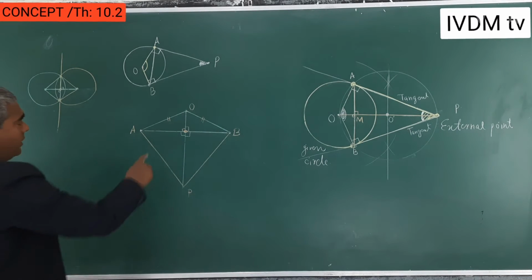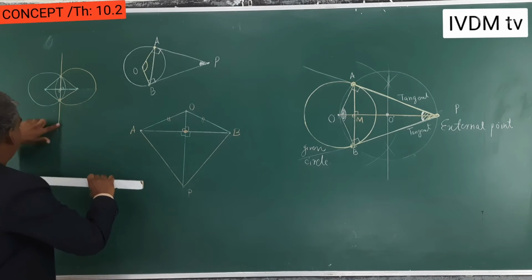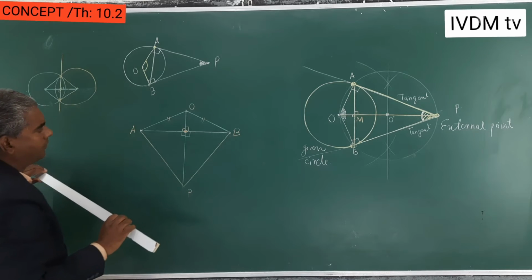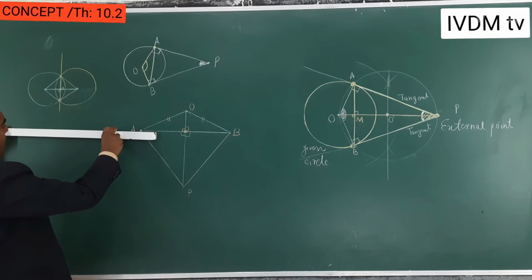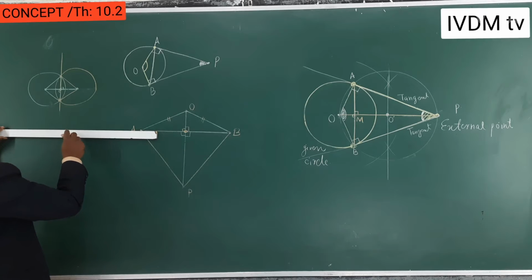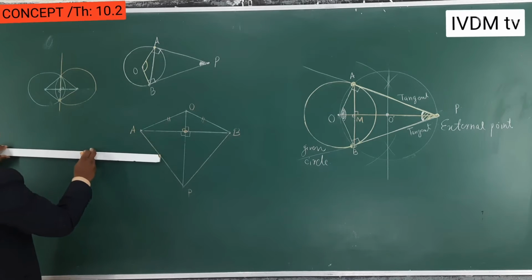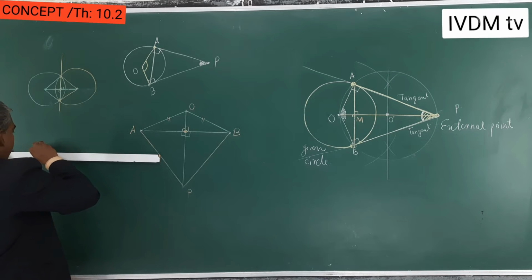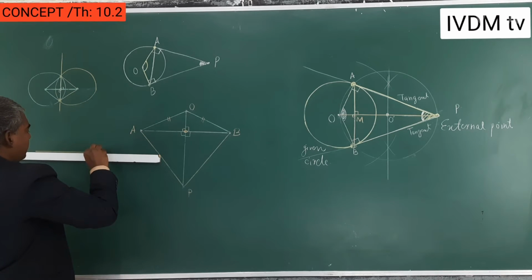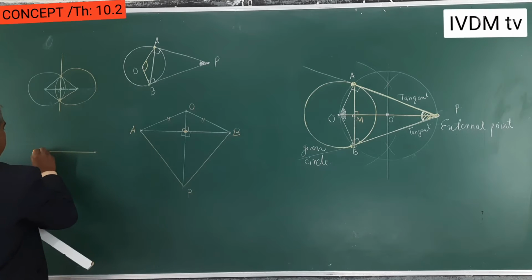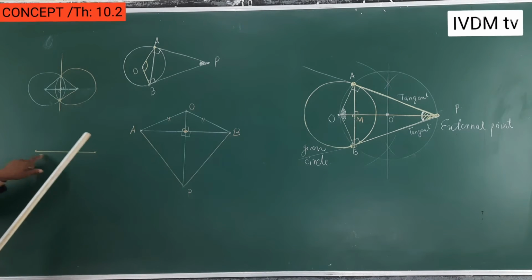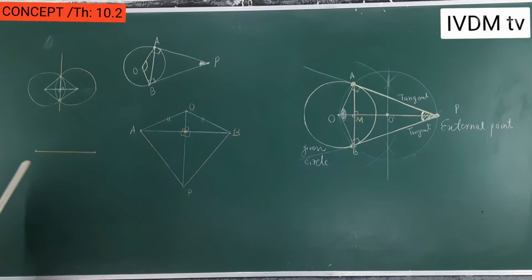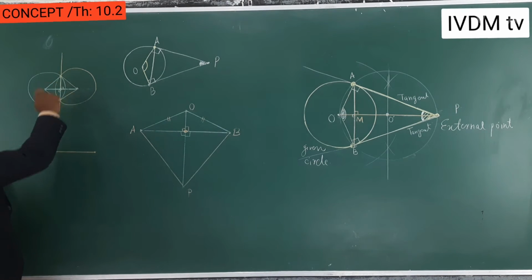Suppose you start from the diagonal AB, and you find the midpoint of this, or the perpendicular bisector. The same technique applies for the rhombus.